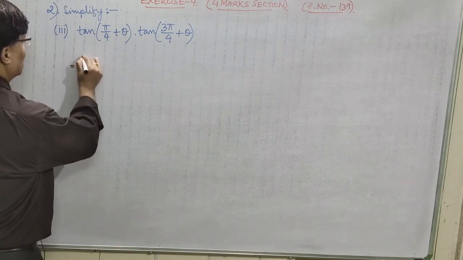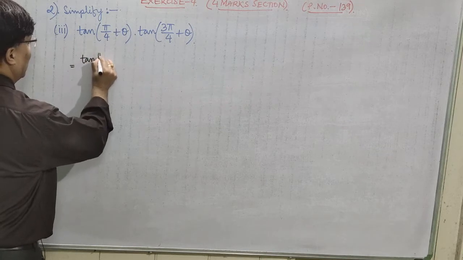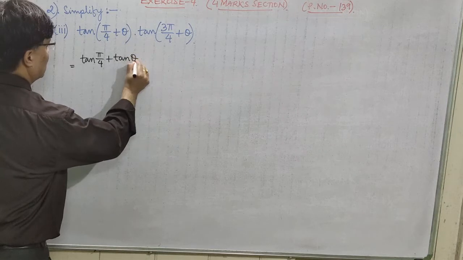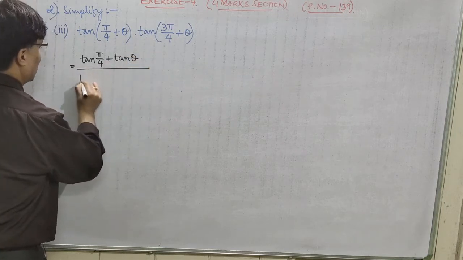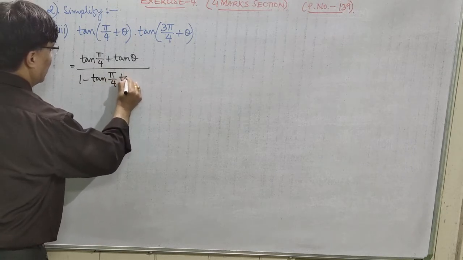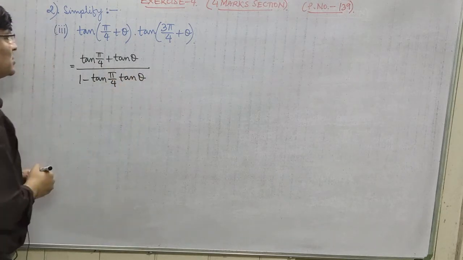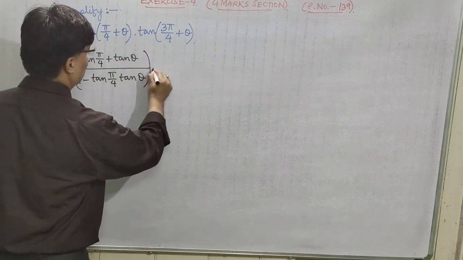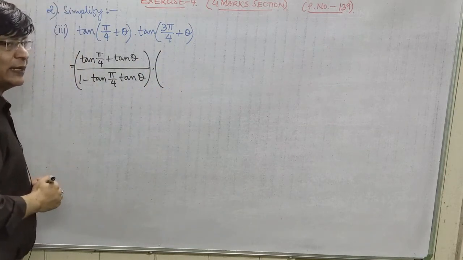In this case we can use the formula of tan of a plus b. So what is tan of a plus b? Tan a, tan pi by 4, plus tan b, tan theta, divided by 1 minus tan a tan b, that is 1 minus tan pi by 4 tan theta. So let us keep it within bracket, dot, again within bracket.